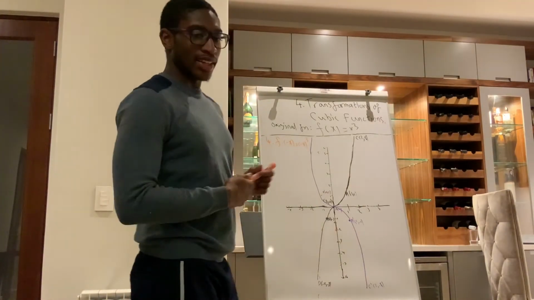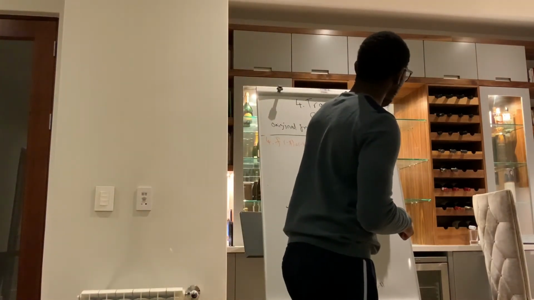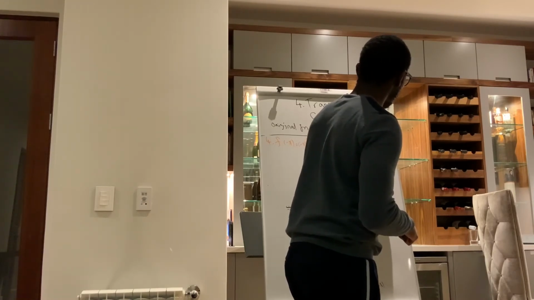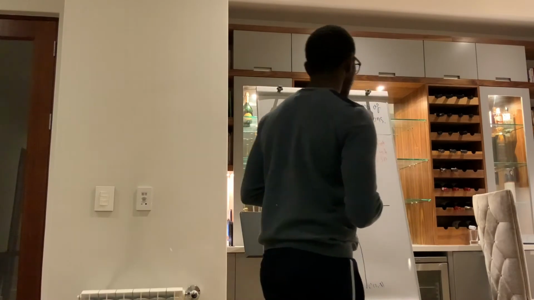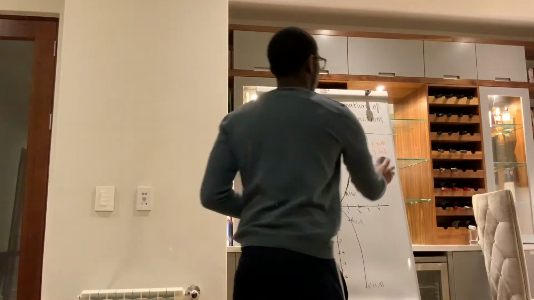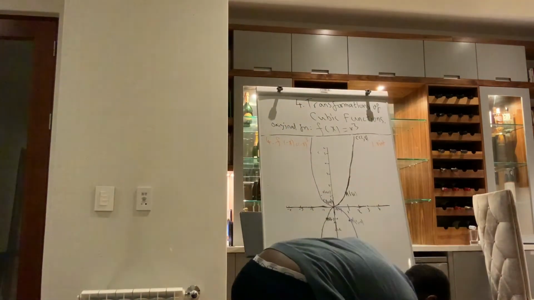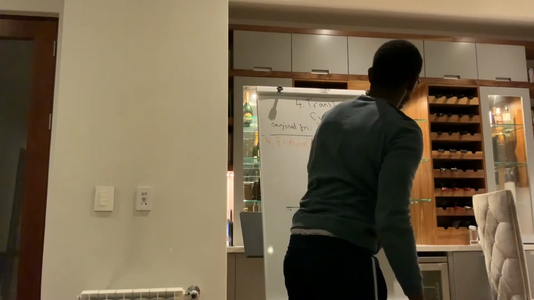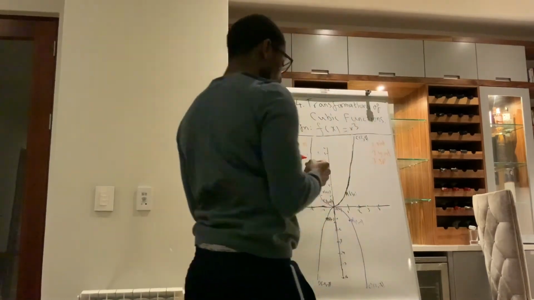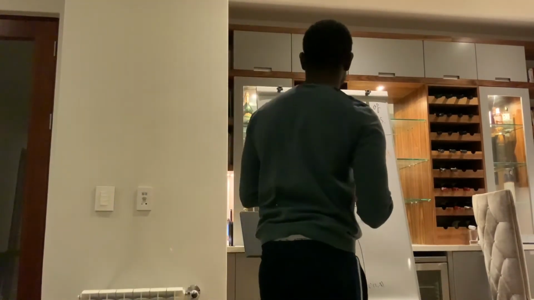Now to show that, let's look at it. What do we do? Well, we know the three tips: find x-intercept, find y-intercept, find stationary point. To find the x-intercept, as usual, we set the function equal to 0.